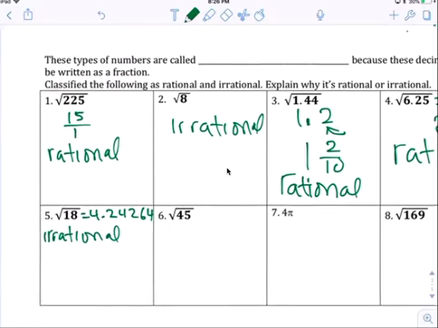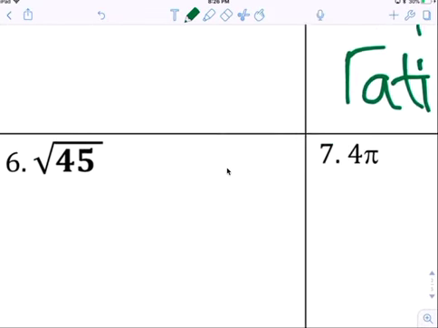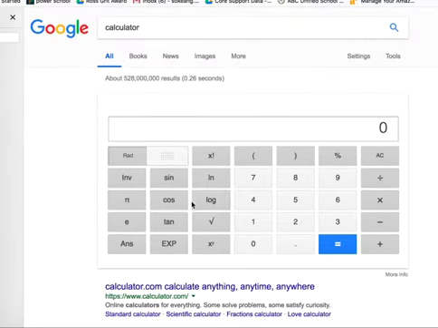Classify the following as rational or irrational. Explain why it's rational or irrational. Okay, square root of 45. If you have a Google calculator, the square root of 45 equals 6.7. Okay. We only want to see how it continues forever.